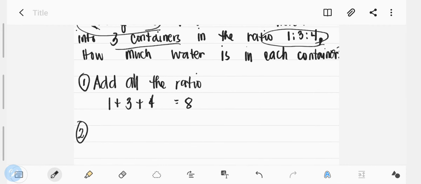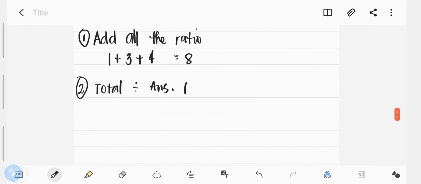This is another way: we can immediately divide the total by the answer in number 1. Oh no, wait. So, that's 40 liters divided by 8. That gives us 5, right?